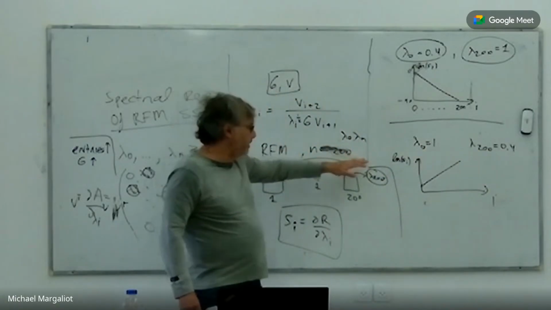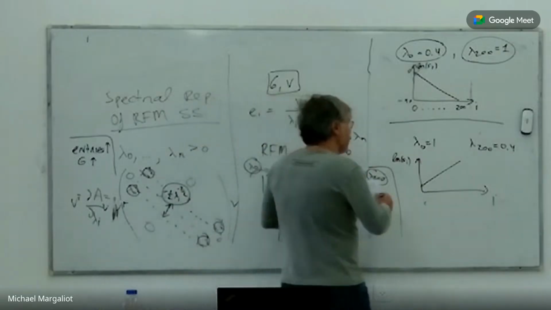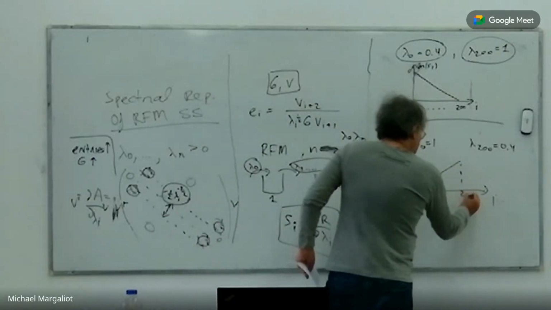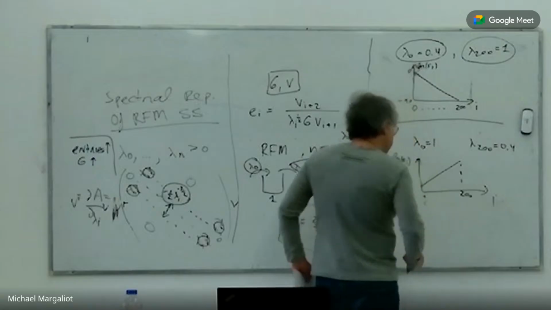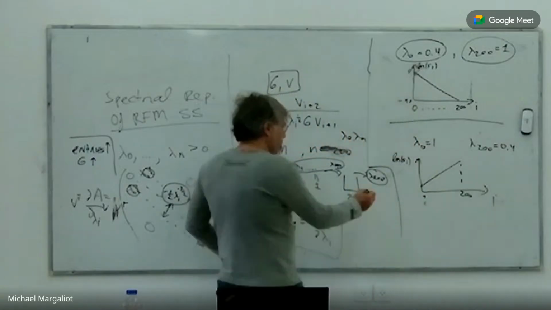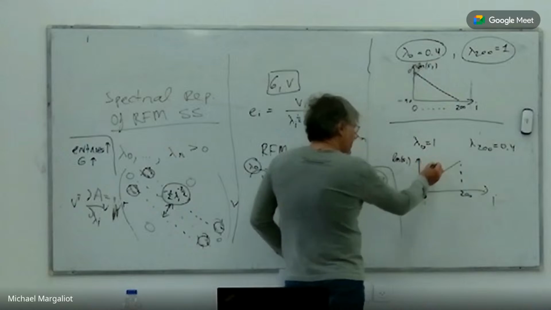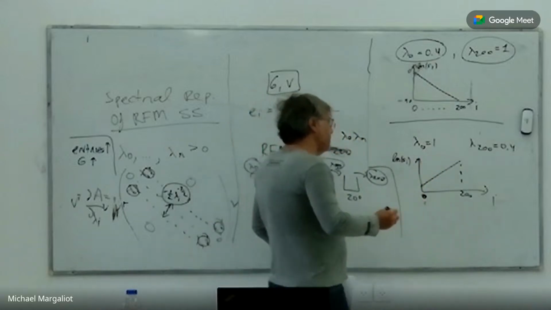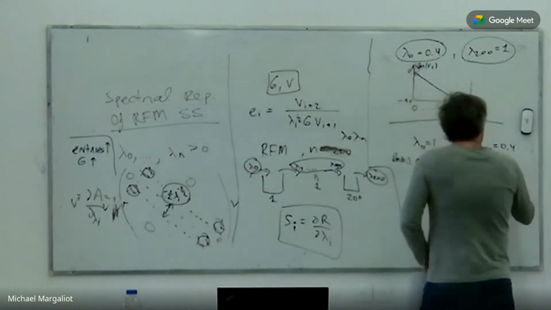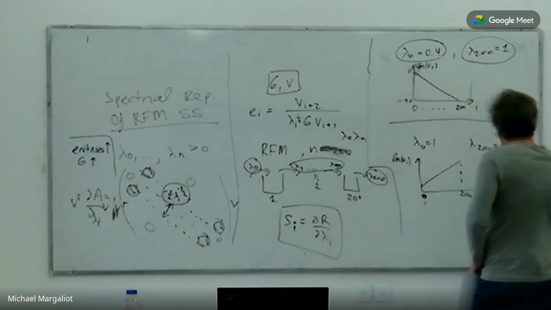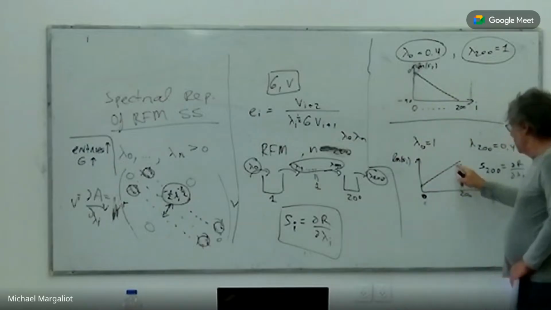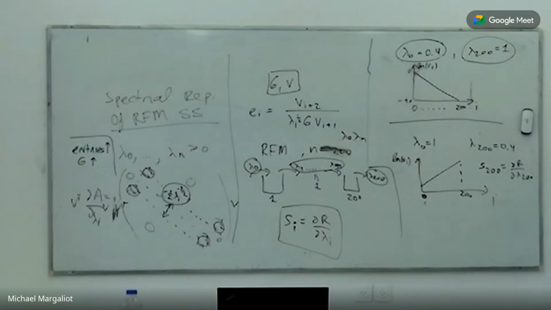All the other rates are 1, and because of that, S200, which is dR over d lambda 200, is the largest.